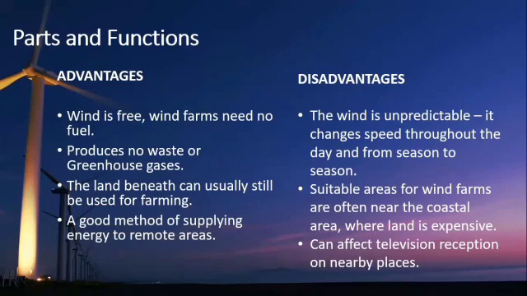The disadvantages are: the wind is unpredictable. It changes speed throughout the day and from season to season. Suitable areas for wind farms are often near coastal areas where land is expensive. It can affect television reception in nearby places.